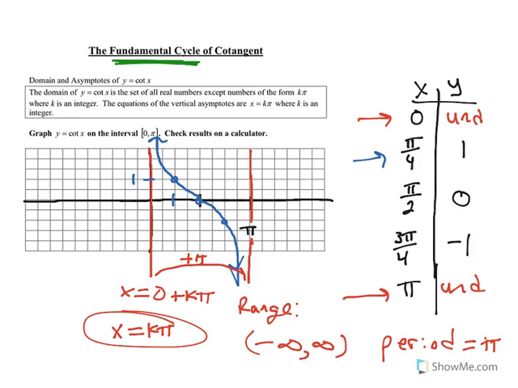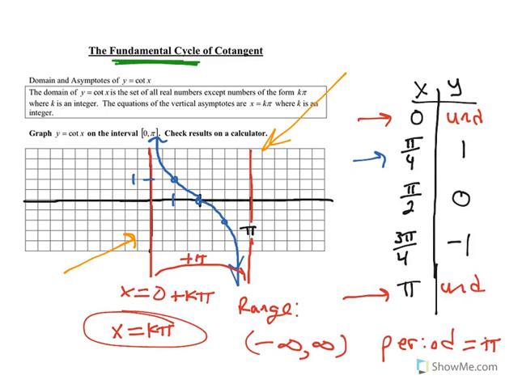So cotangent's a little bit different than tangent. Two of the major differences are your asymptotes start out in different locations. Tangent, one asymptote was to the left of the y-axis, the other one was to the right of the y-axis. For cotangent, one's on the y-axis and then to the right of the y-axis at pi.